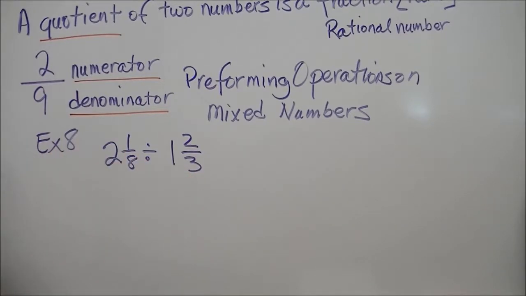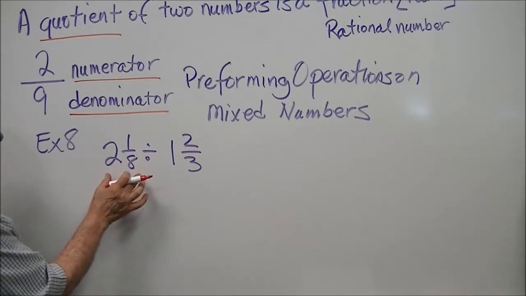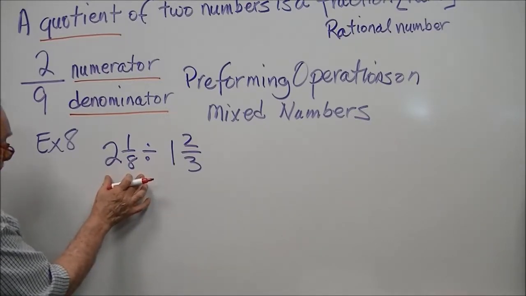So the key to this, and since this is division, we're going to eventually convert it to multiplication. But in order to do that, we have to get it into its fraction form.